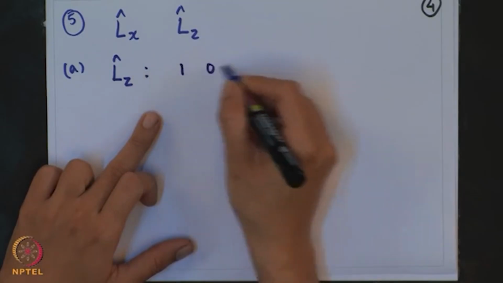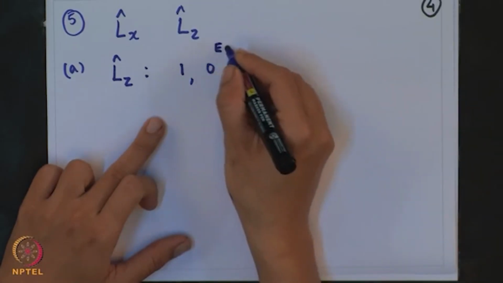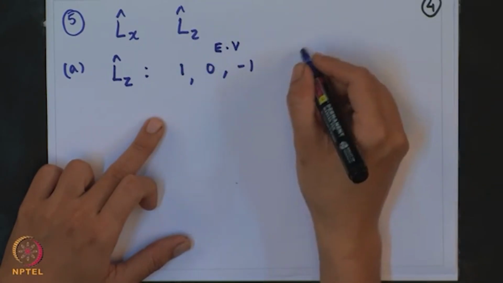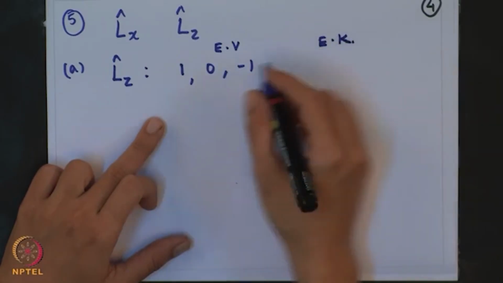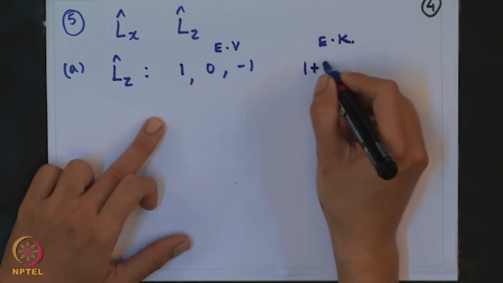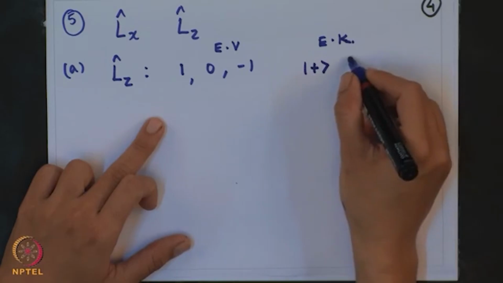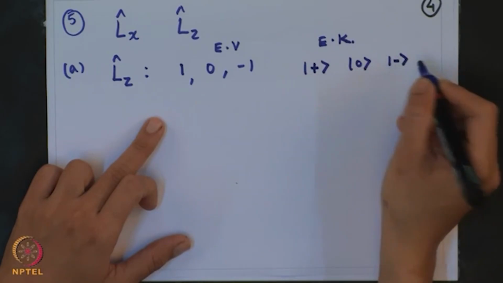From Lx and Lz you can see that Lz has eigenvalues 1, 0, minus 1. These are the 3 eigenvalues, and the corresponding eigenkets I denote as plus, 0 and minus.